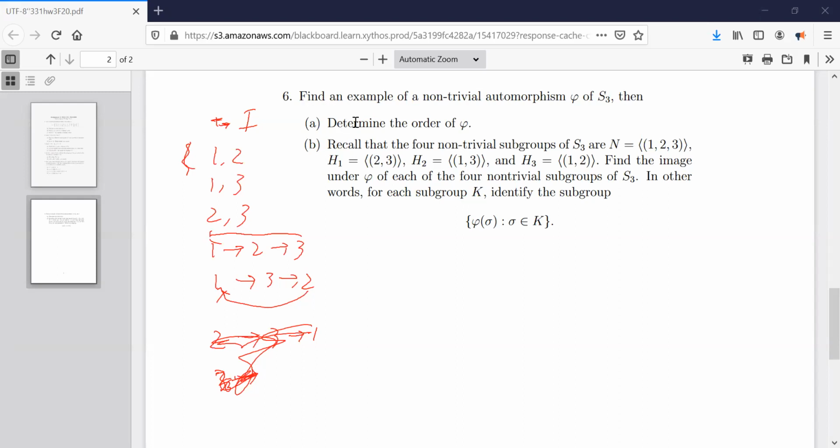I believe that we have to include it in determining the order, but it is not an example of a non-trivial automorphism, because it is the trivial automorphism. Does that make sense? Yeah. Cool. So an example of a non-trivial automorphism would be like 1 to 2, something like that. Yeah. Okay. And in fact, that's, yeah.